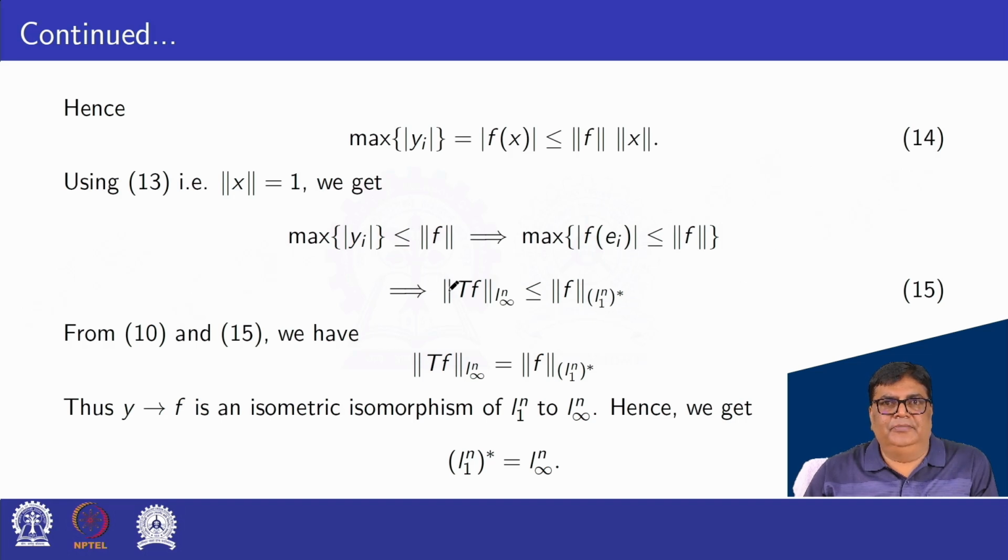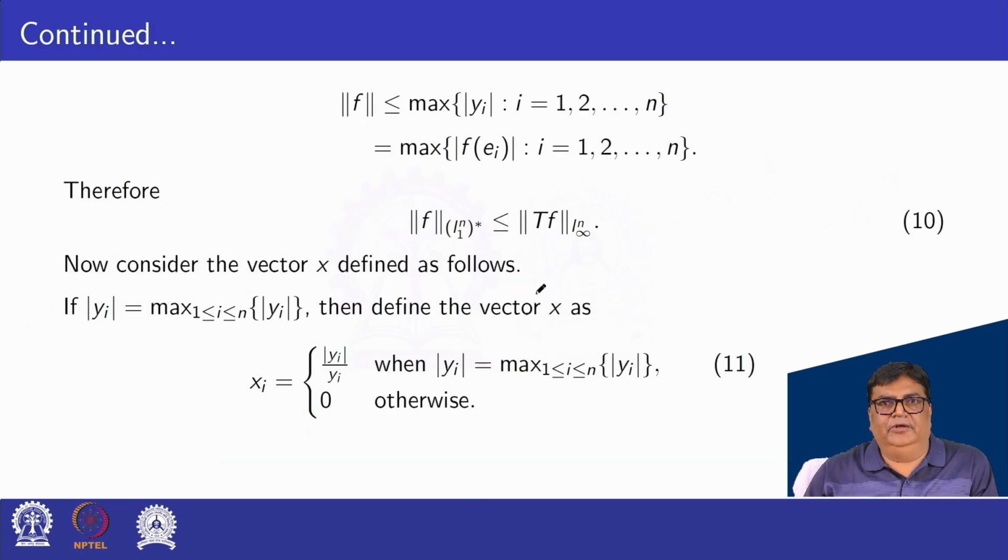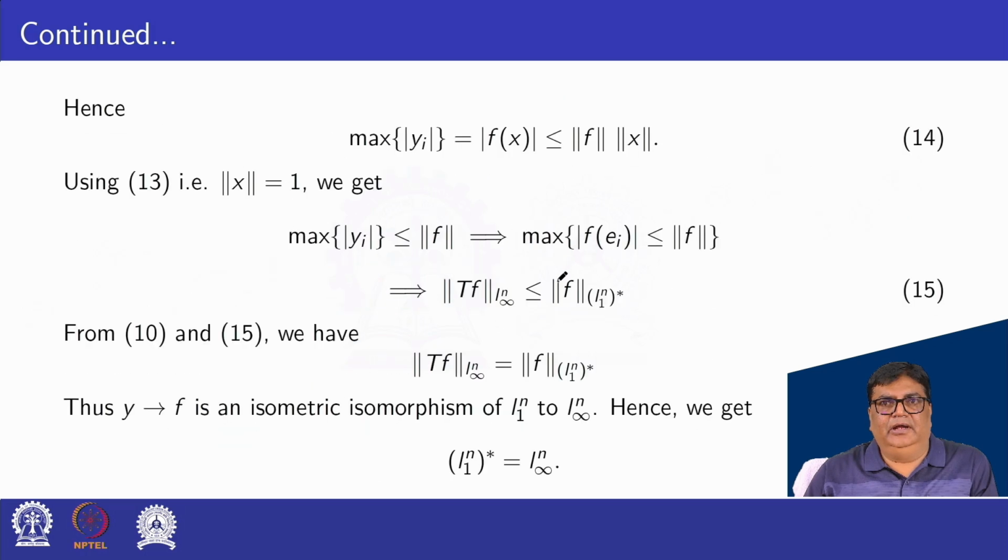So this implies that norm Tf under L infinity n norm is less or equal to norm f under L1 n star. From equations 10 and 15 we have norm Tf under L infinity n norm equal to norm of f in L1 n star.